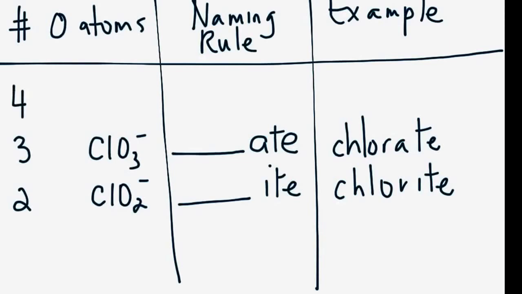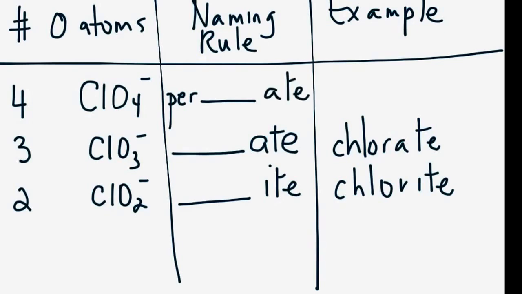Now, there's 2 more ions they can have. They could have 4 oxygens in their compound, so 1 extra. The naming rule now becomes per in front of the parent name. So an example is perchlorate.